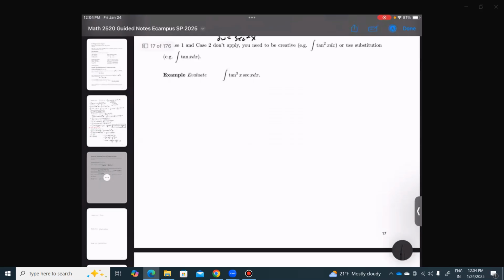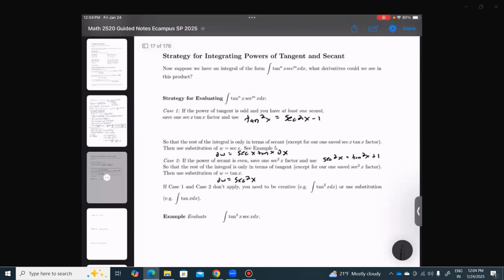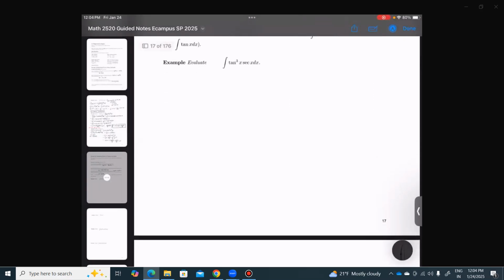So we want to evaluate tangent cubed x secant x. And this one has tangent being an odd power, so we have to save a tangent secant. So our tangent squared x, tangent x secant x dx.